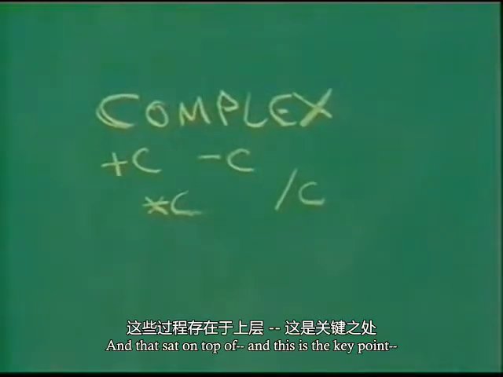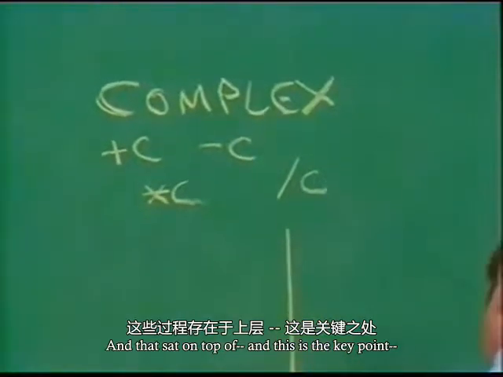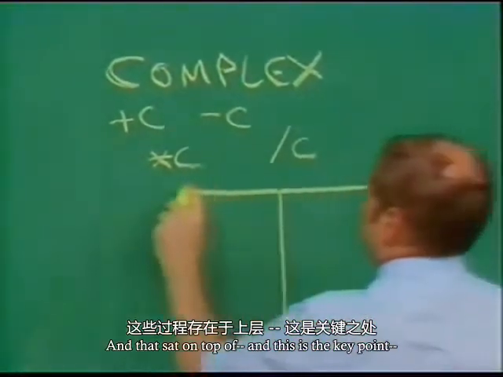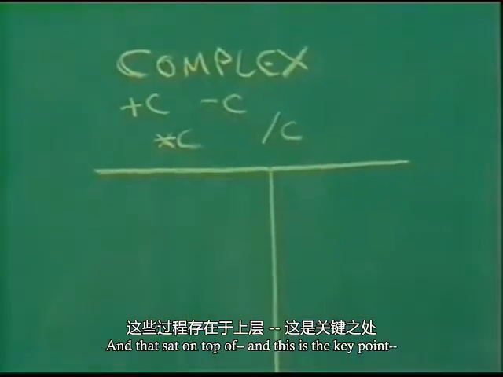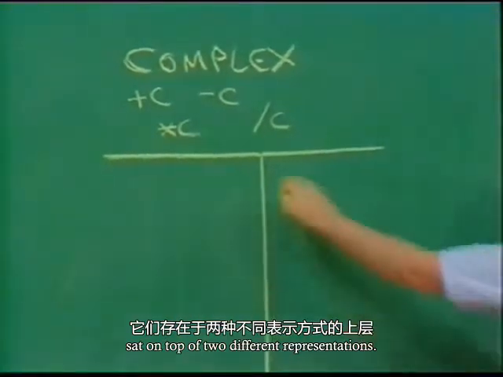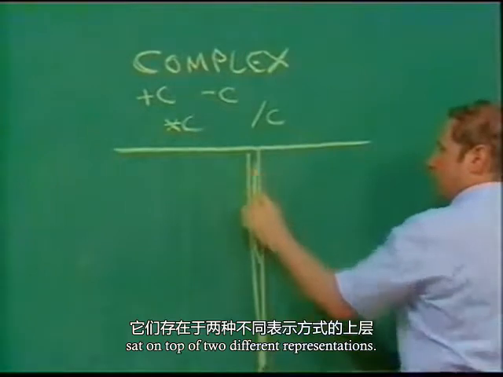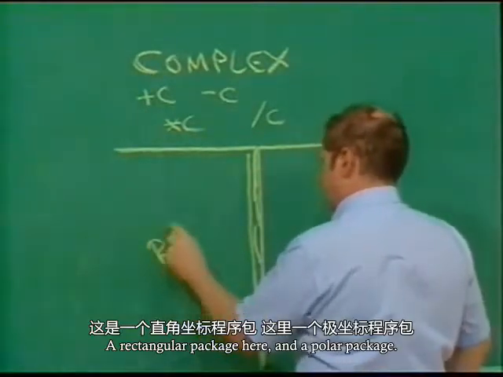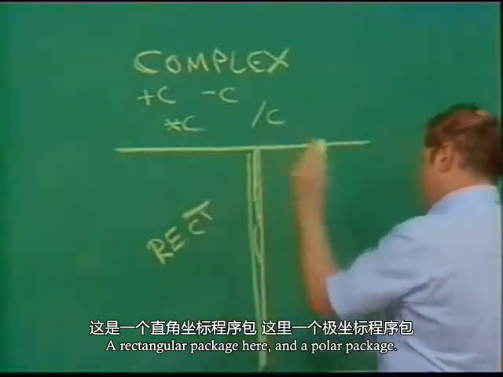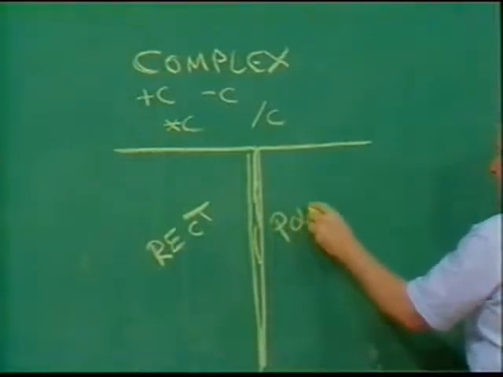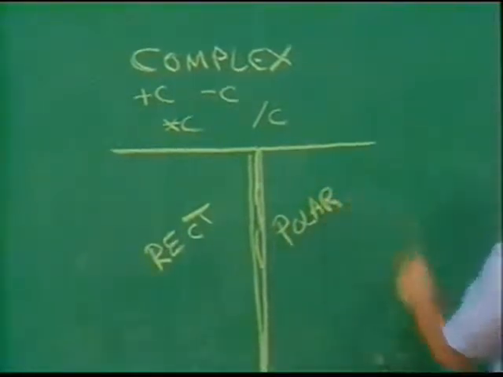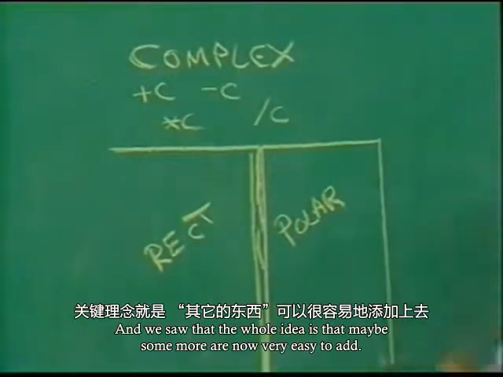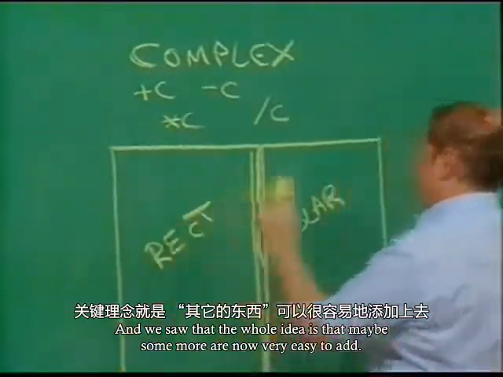And that sat on top of, and this was the key point, two different representations. Right, a rectangular package here and a polar package. And maybe some more, and we saw that maybe some more are now very easy to add.